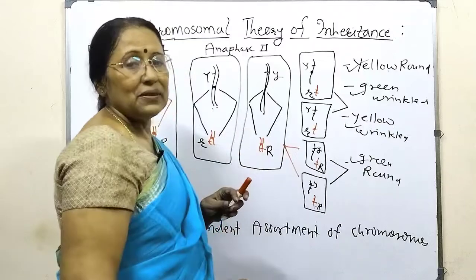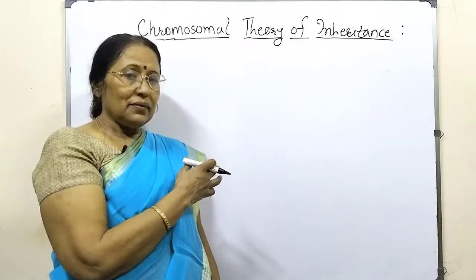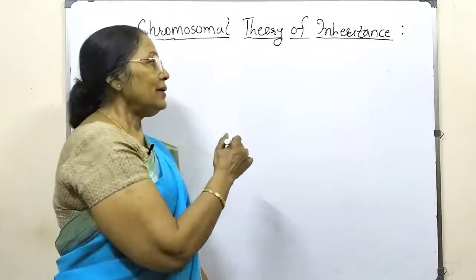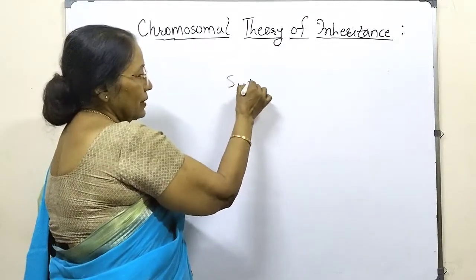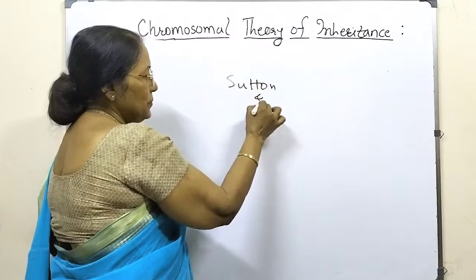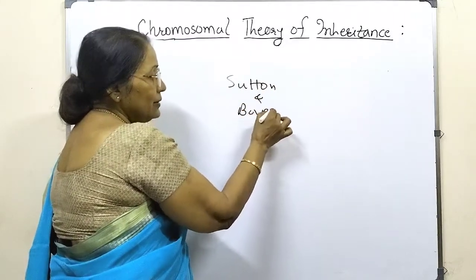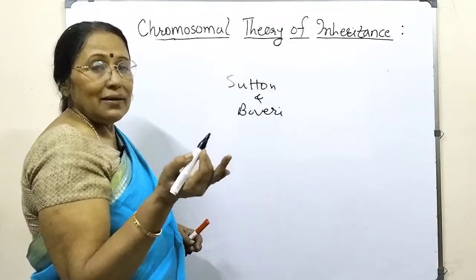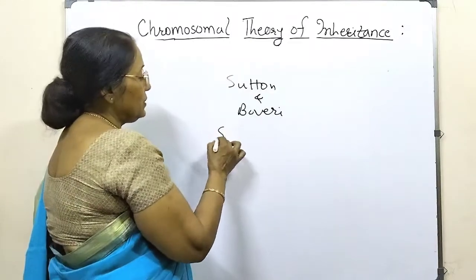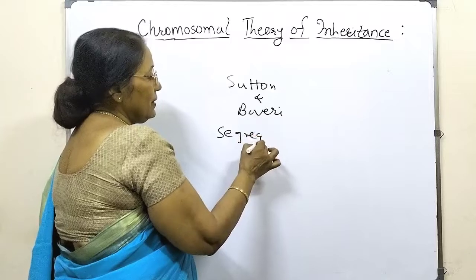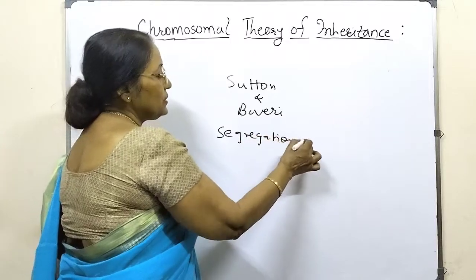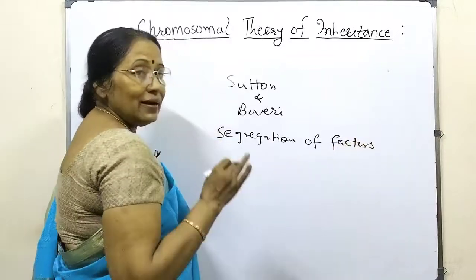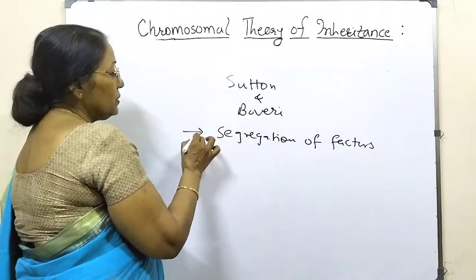4 types of gametes. So you have studied the behavior of the chromosomes, and Sutton and Boveri argued that the pairing and the segregation of the chromosomes will naturally lead to the segregation of the factors also. Segregation of chromosomes will lead to segregation of factors.